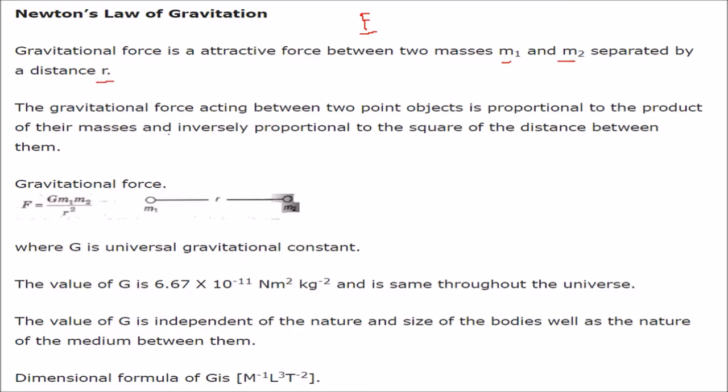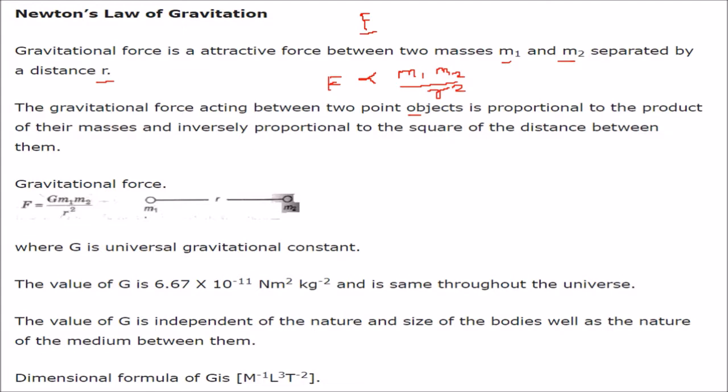The gravitational force acting between two point objects is directly proportional to the product of their masses, and inversely proportional to the square of the distance between them. This r is the distance between these two particles.